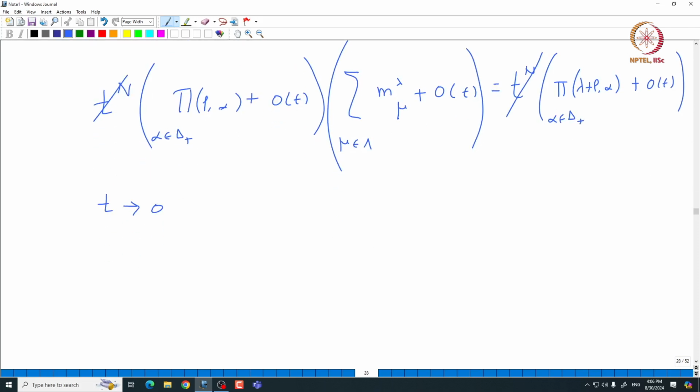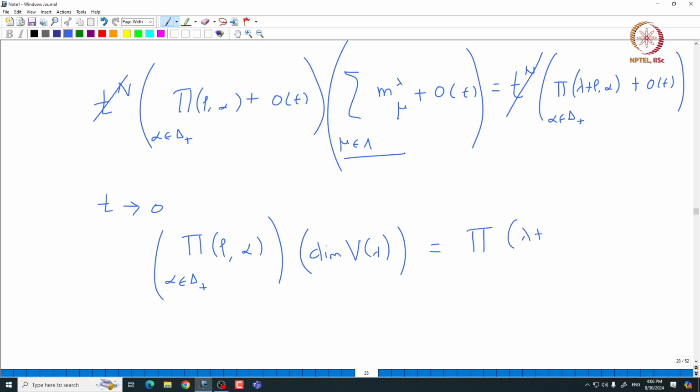Then it gives you exactly the product of ⟨ρ, α⟩, α in Δ⁺, times the dimension of V_λ, which is equal to the product of ⟨λ+ρ, α⟩, α in Δ⁺.